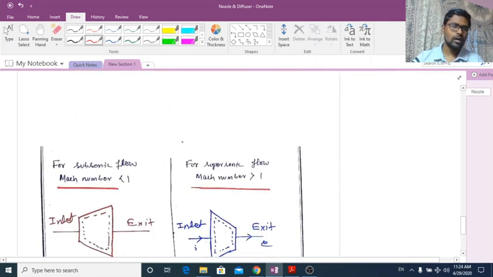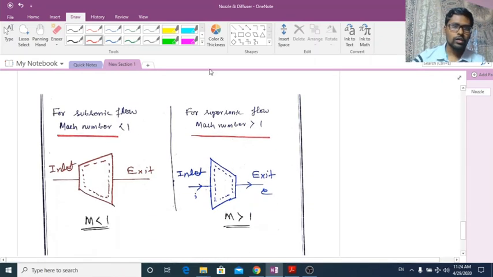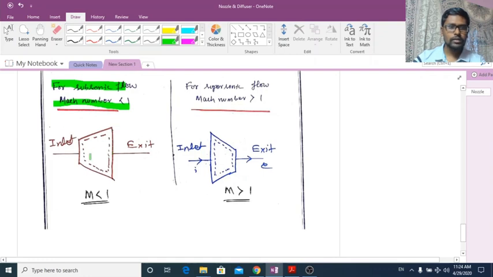Now we'll see what is the shape of the diffuser depending upon whether it is a subsonic flow or supersonic flow. So here, if the flow is subsonic or Mach number less than 1, then you will see that the flow area of the diffuser will increase along the direction of flow.